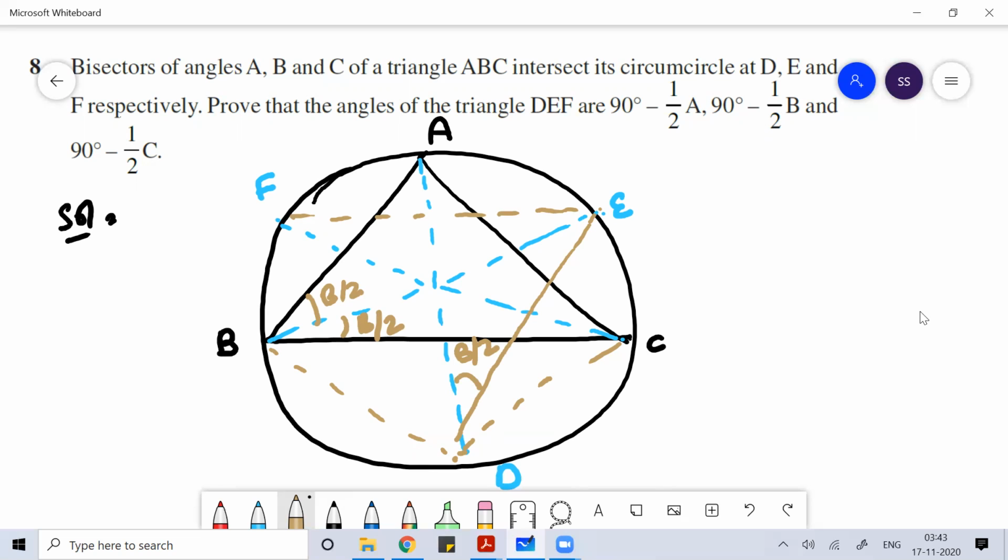Now this is A by 2. This is A by 2. See this angle.